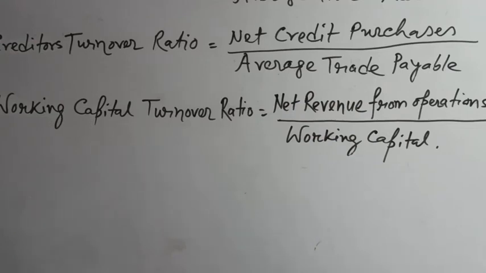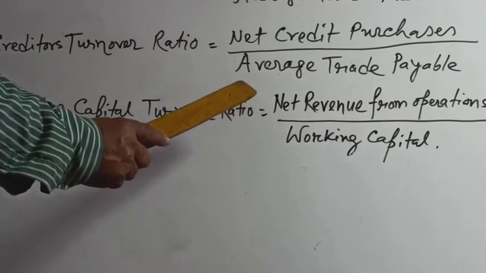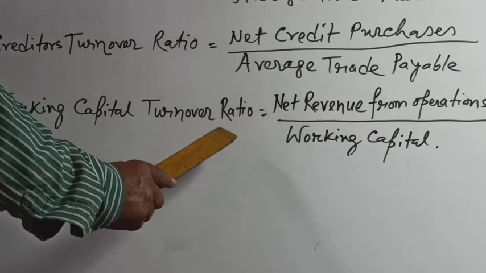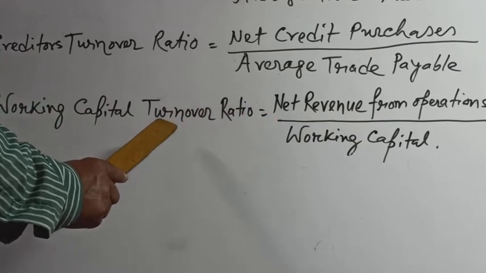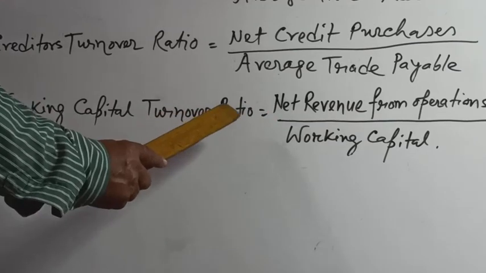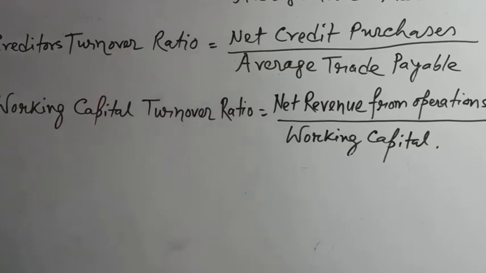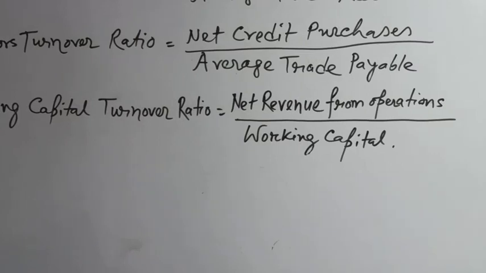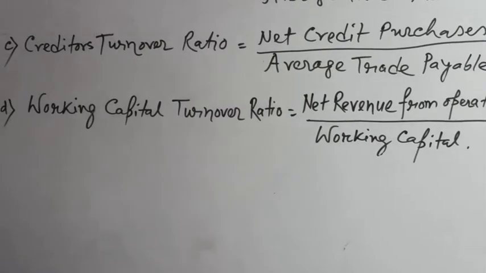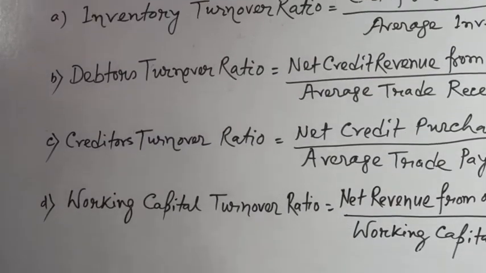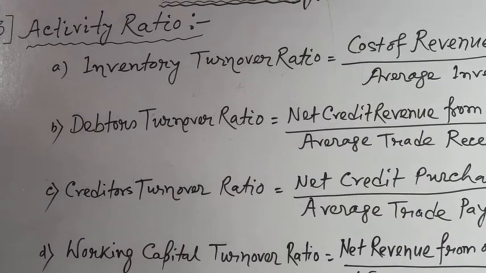This ratio is of particular importance in a non-manufacturing concern, where current assets play a major role in generating revenue from operation. This ratio reveals how efficiently working capital has been utilized in making revenue from operations.